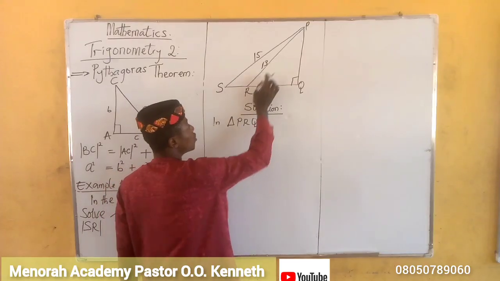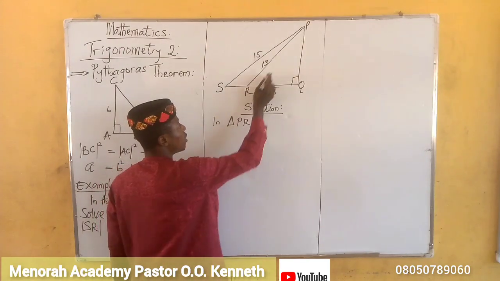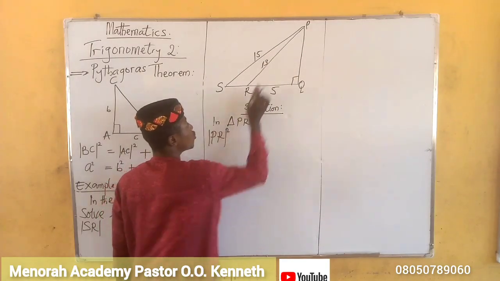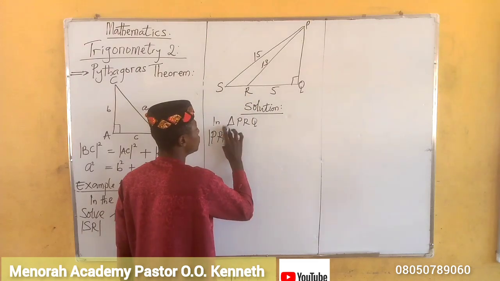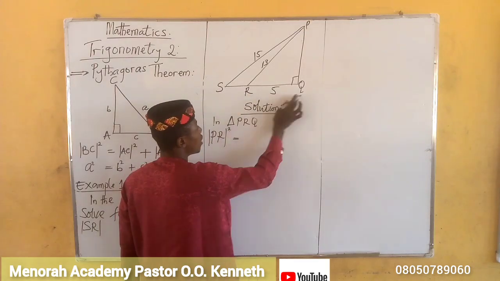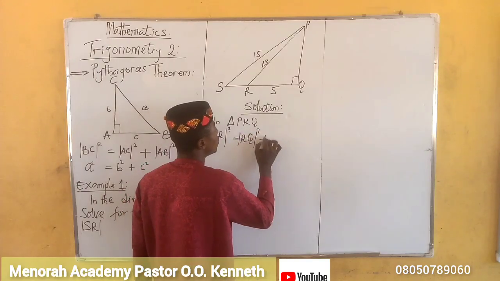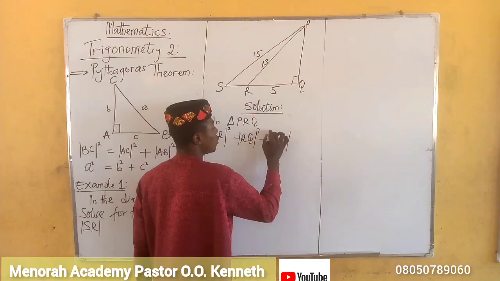In triangle PRQ, using Pythagoras theorem, line PR squared, the long side, the hypotenuse, is equal to RQ squared plus line PQ squared.